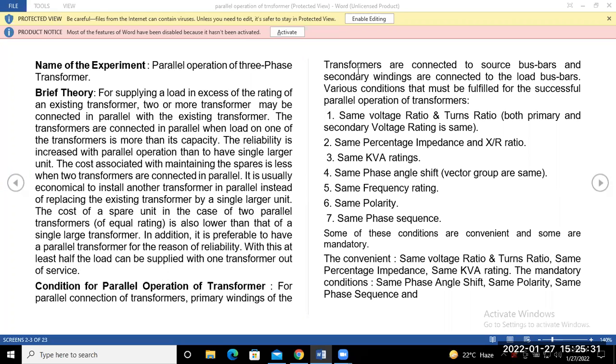What is the condition for connecting two transformers in parallel? There are some specific conditions, is it not? If you want to connect two transformers in parallel, then they must satisfy some criteria. So first of all, tell me what are the conditions for two transformers connected in parallel?